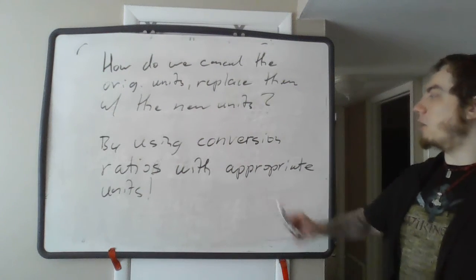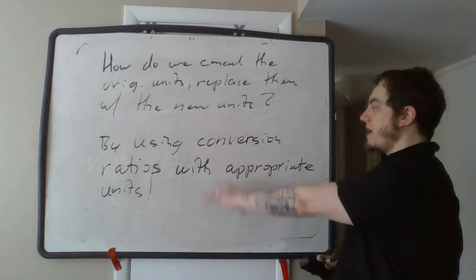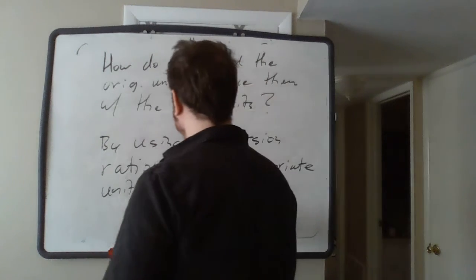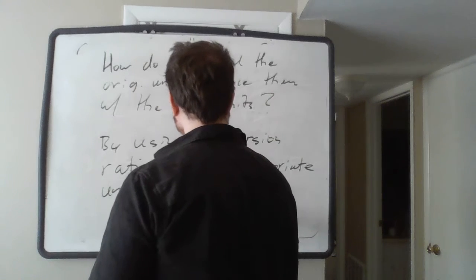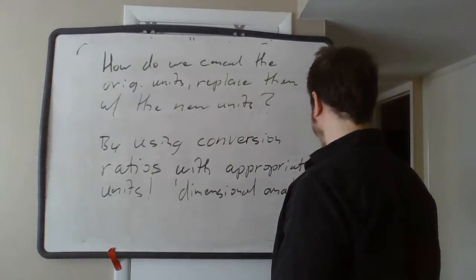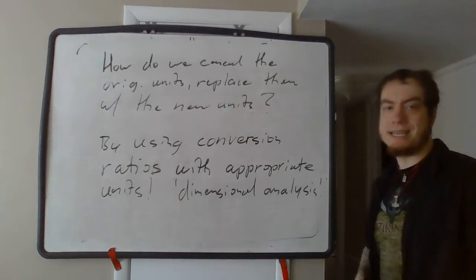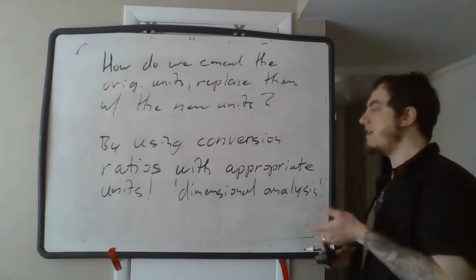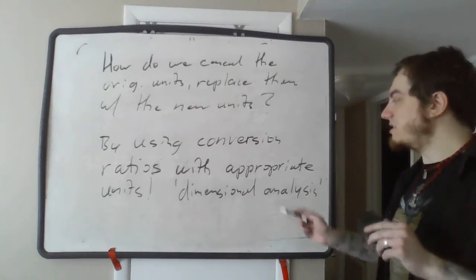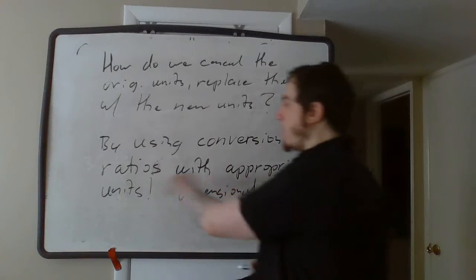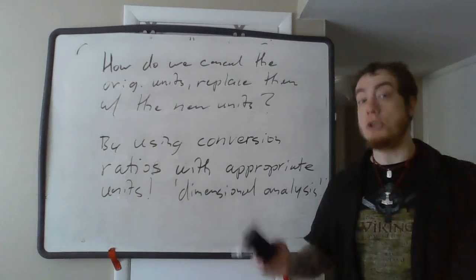This kind of idea where you think about making sure that all the units are appropriate, this is sometimes called dimensional analysis. And the vet department likes to call this dimensional analysis in the handout that they gave me. Really, what does that dimensional analysis mean? It's just a fancy word for saying make sure that all of your units are the appropriate units.